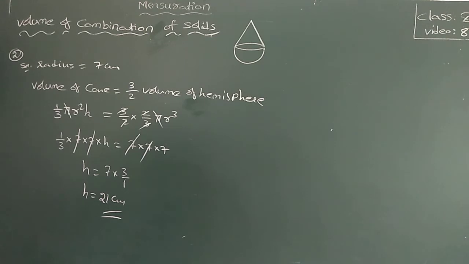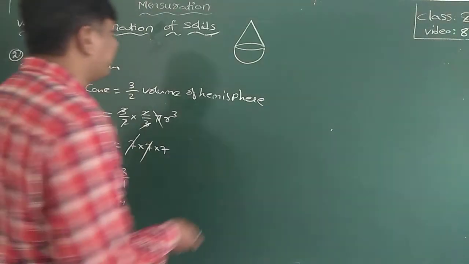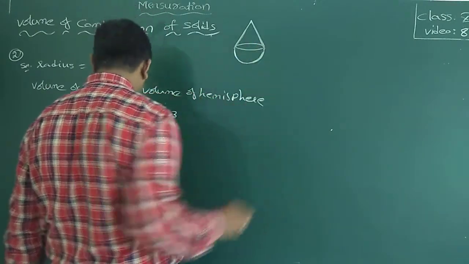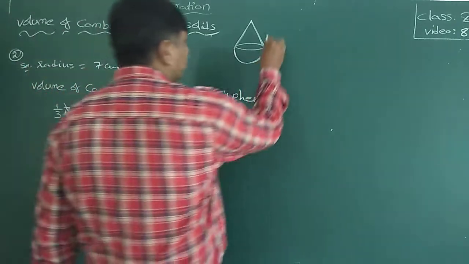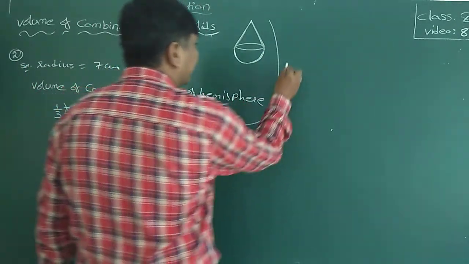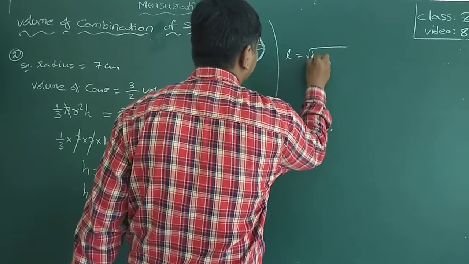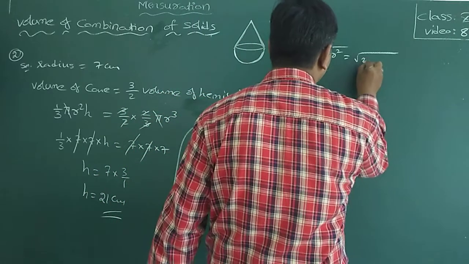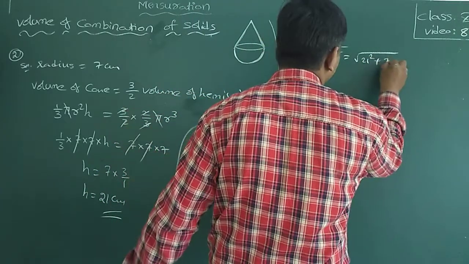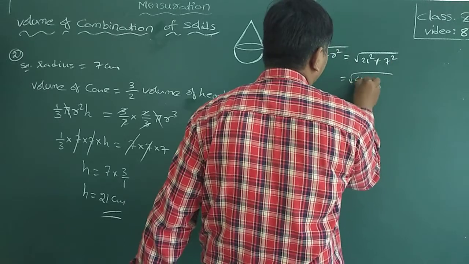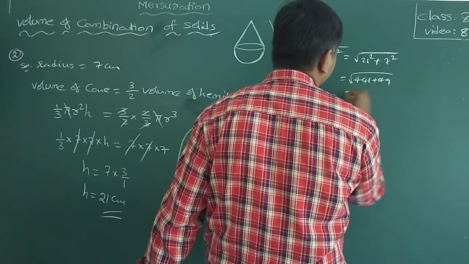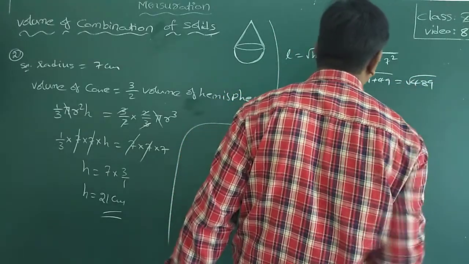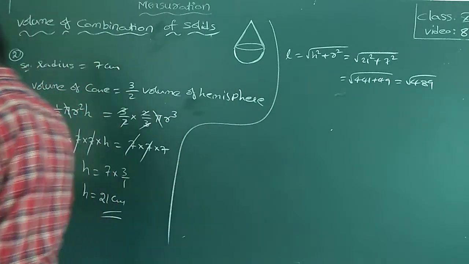Now what they asked: the surface area of the toy. Surface area means the CSA, and the CSA we have to find out. To find this, first the slant height: l is equal to root of h square plus r square, which is root of 21 square plus 7 square, which is 441 plus 49, that is root 490.